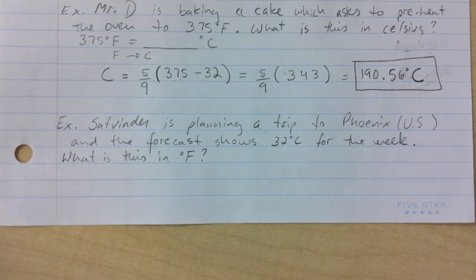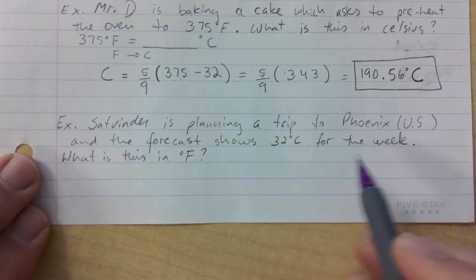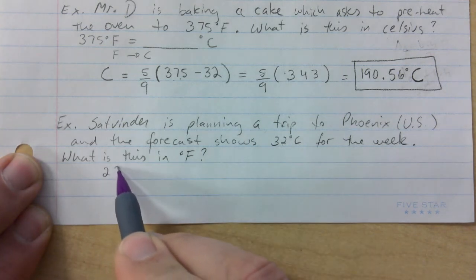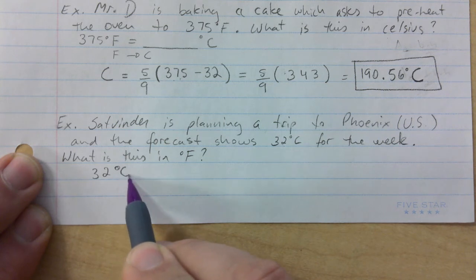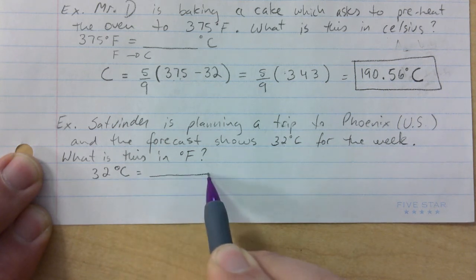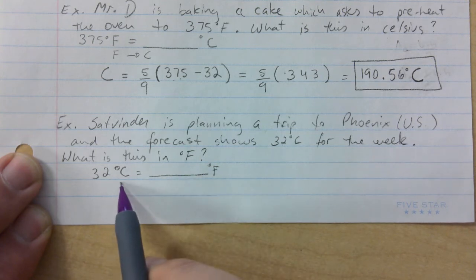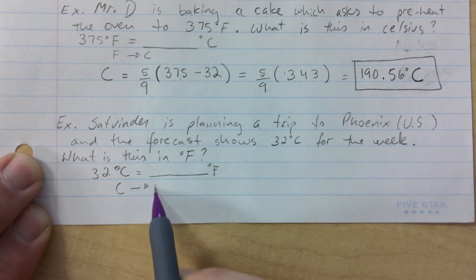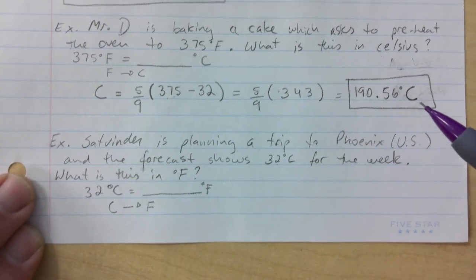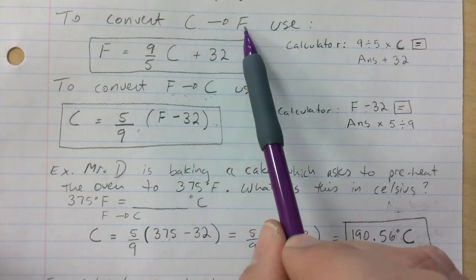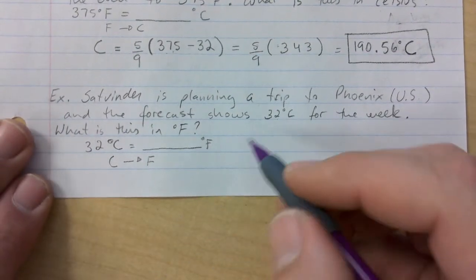All right. So here, they're giving you Celsius, so 32 Celsius. What is this in Fahrenheit? That's basically what this question is asking. So you're going from Celsius to Fahrenheit, right? Which one do you have to use? Let's go up here. You're using this one, Celsius to Fahrenheit. You're using this formula right here. So I'm going to do that on the side.